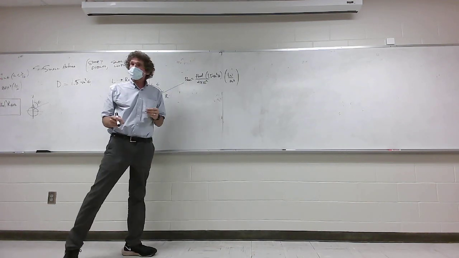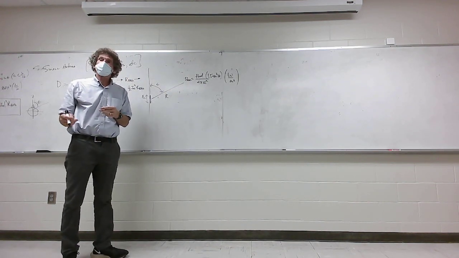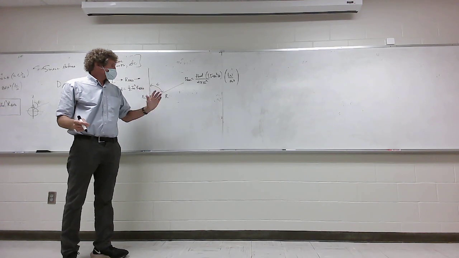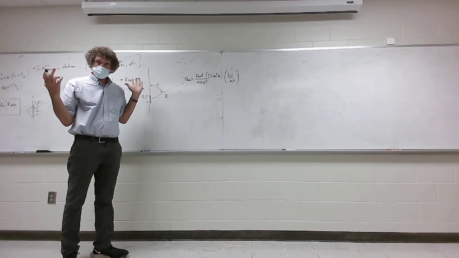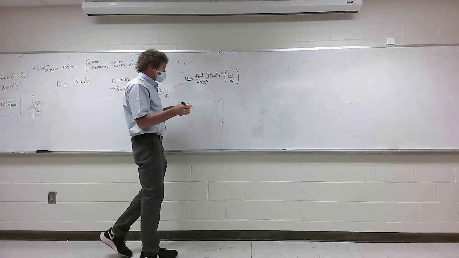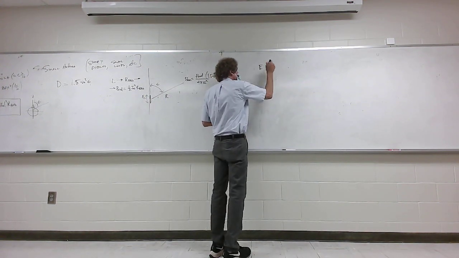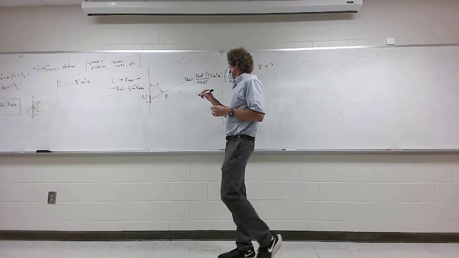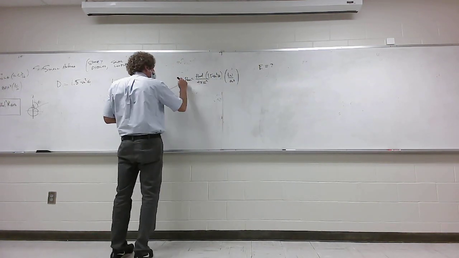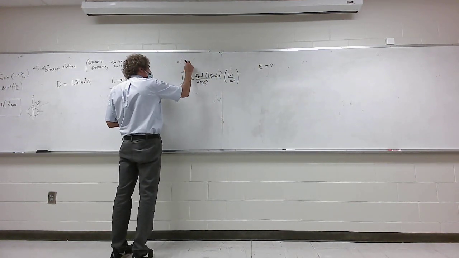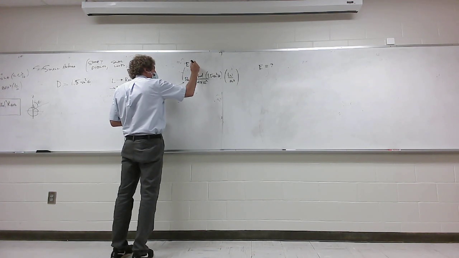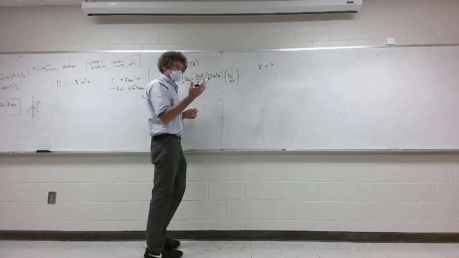If I have that, here's a question I almost always ask. I'm out at a given range R for a given angle theta. How do I get the electric field? I usually ask for the electric field at some range R, for some theta.